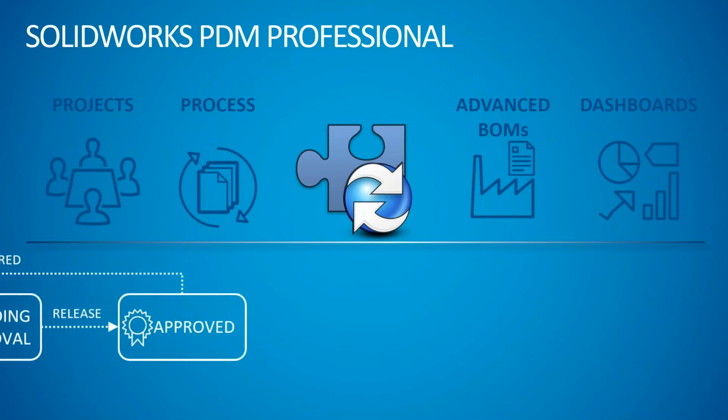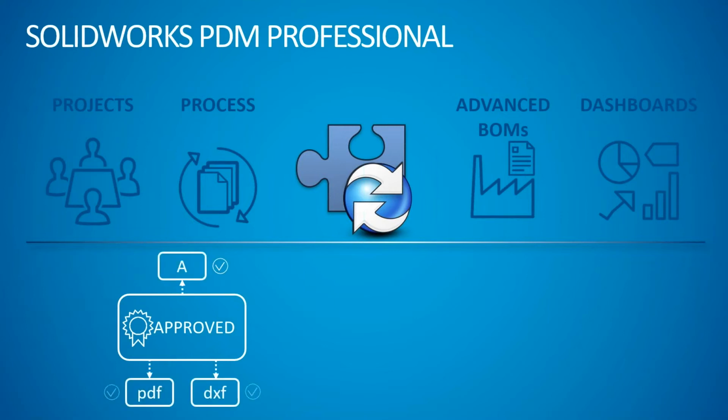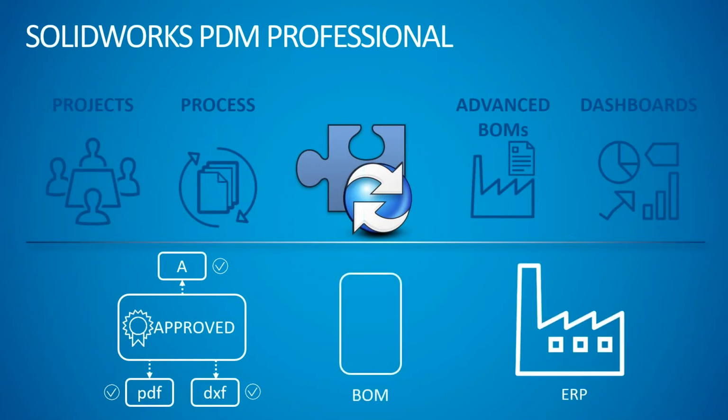Once it reaches a state of approved, then automation kicks in, and we can increment revisions, output other types of documents such as PDF or DXF files. And because SOLIDWORKS PDM understands the bill of material from SOLIDWORKS, that engineering BOM can then be output into your corporate ERP system.